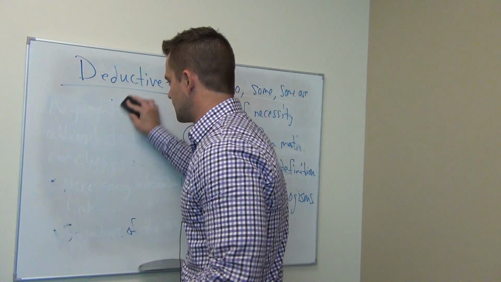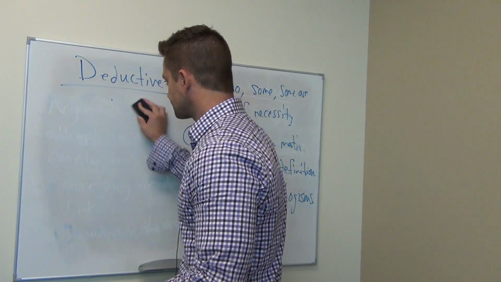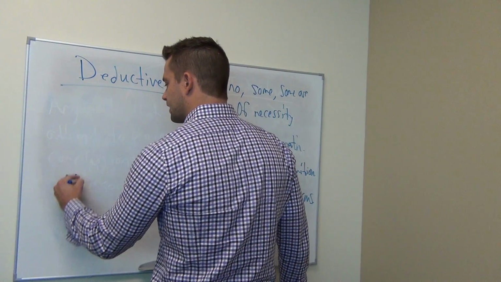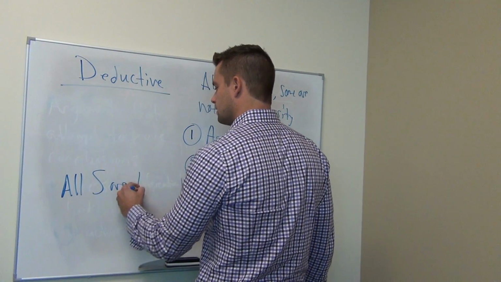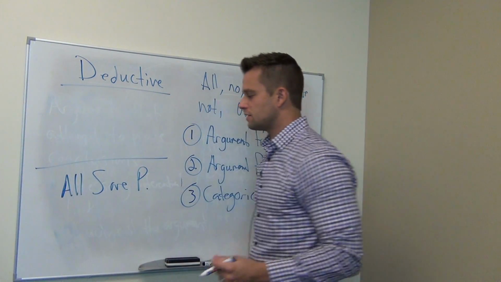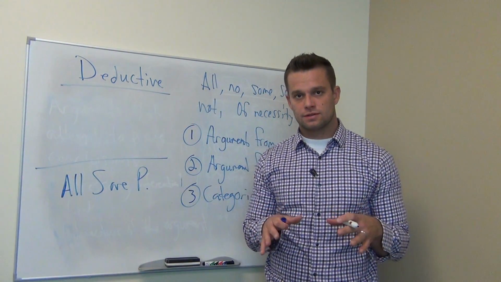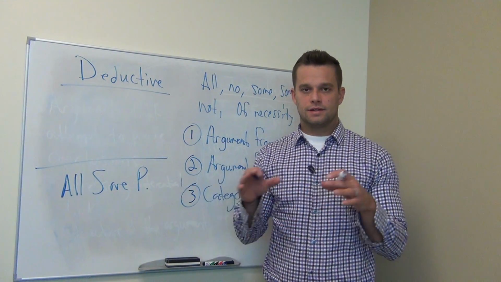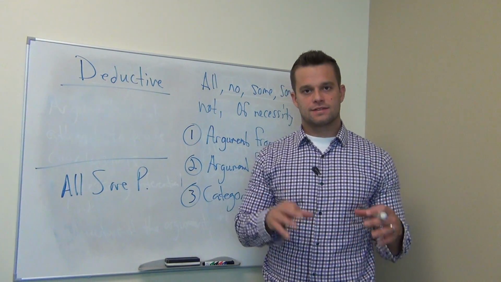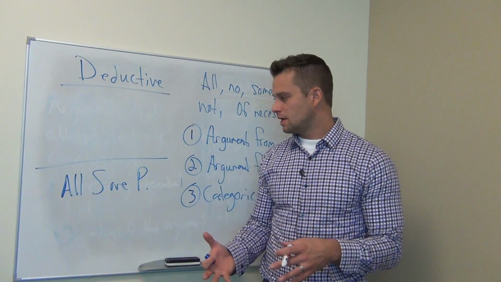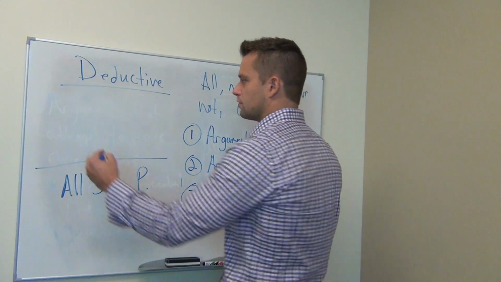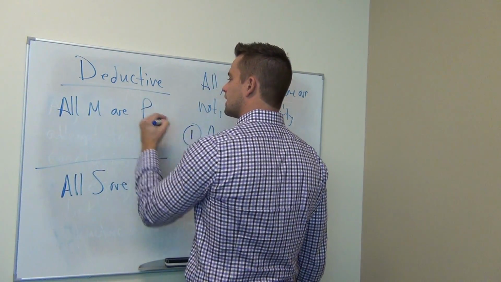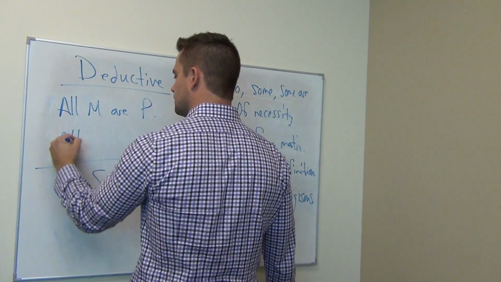So let's go back to the example that I just used. In a categorical syllogism, we tend to use four different types of propositions: all S are P, no S are P, some S are P, and some S are not P. So we can create a categorical syllogism here.